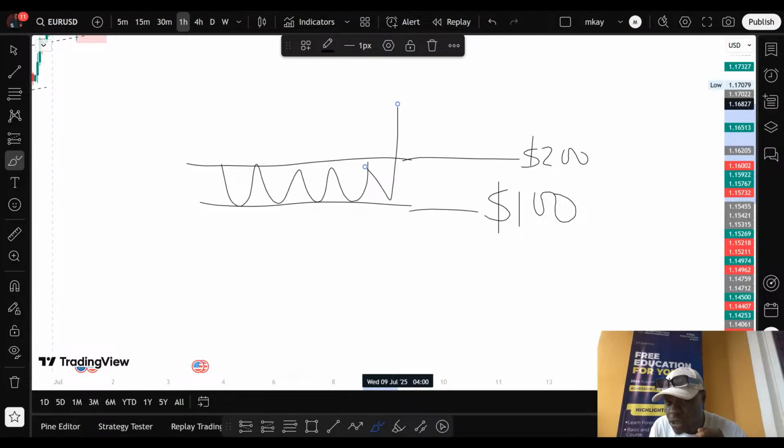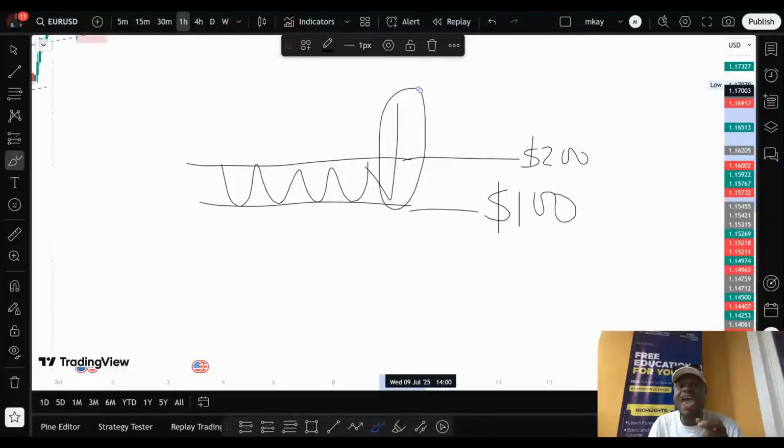Is that clear? So when you see the market move higher this way, it tells you that the demand for euro is there: who has euro, sell for me. Who has euro, sell for me. Now, that is where you come in as a trader. When you spot it, just jump into it.